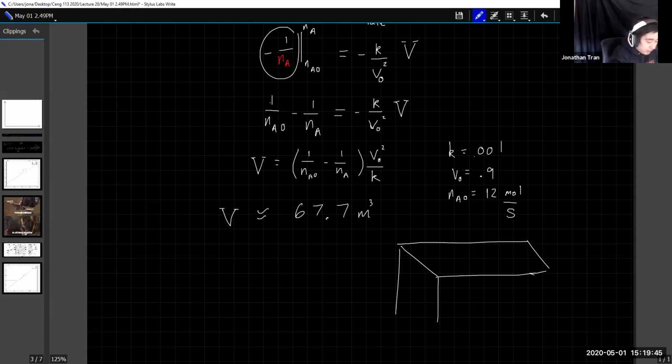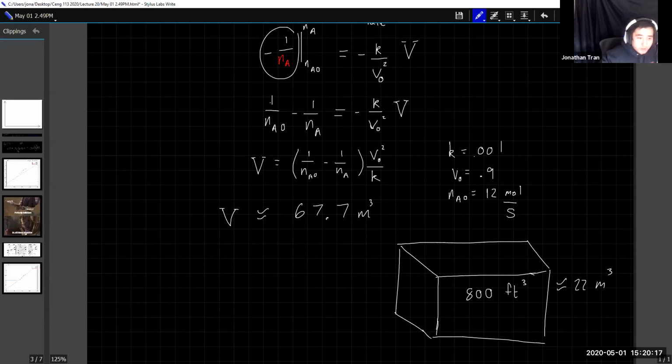A U-Haul truck is about 800 feet cubed, which is about 22 meters cubed. So this one reactor is about the size of 3 U-Haul trucks. Yeah, that's about right.